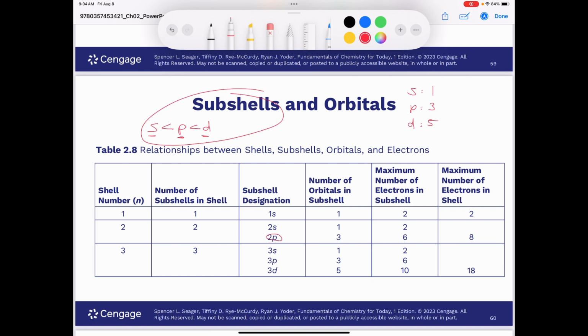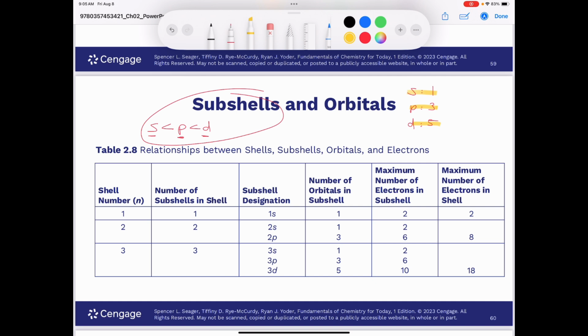Then if we go to 2p, I told you that there's 3 types of p orbitals, so we have 3, okay? Then for n is equal to 3, we have the 3s, the 3p, the 3d, and so the number of orbitals in the subshell is 1, 3, and 5 respectively. And you need to remember or memorize these numbers. There's 1 type of s orbital, there's 3 types of p orbitals, there's 5 types of d orbitals.